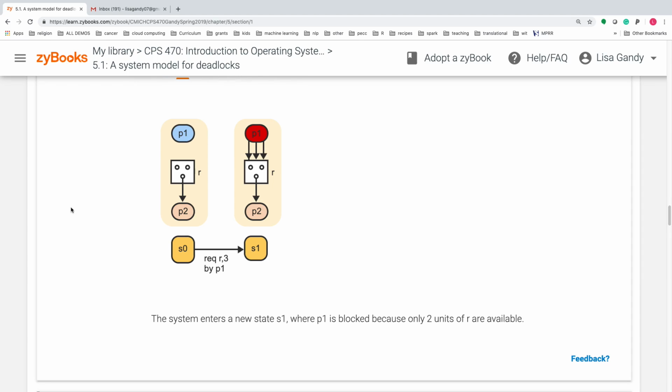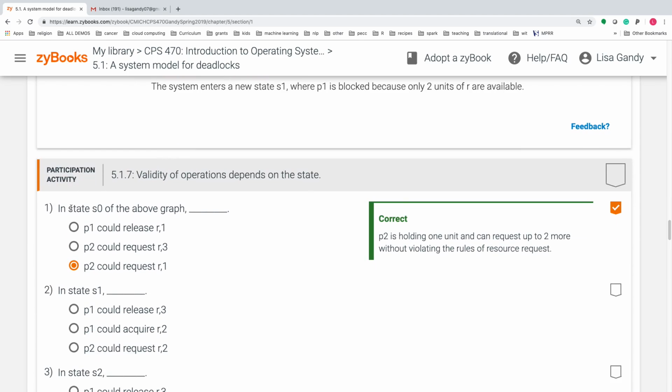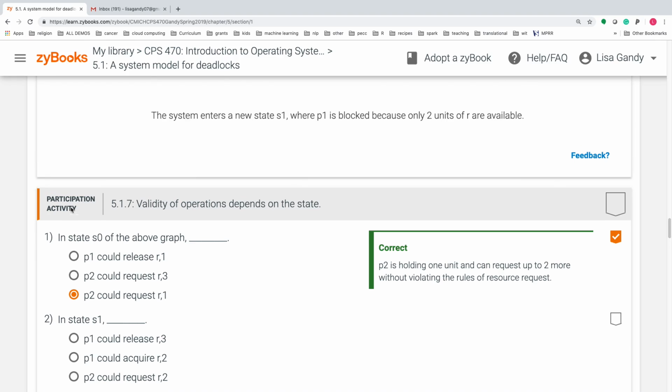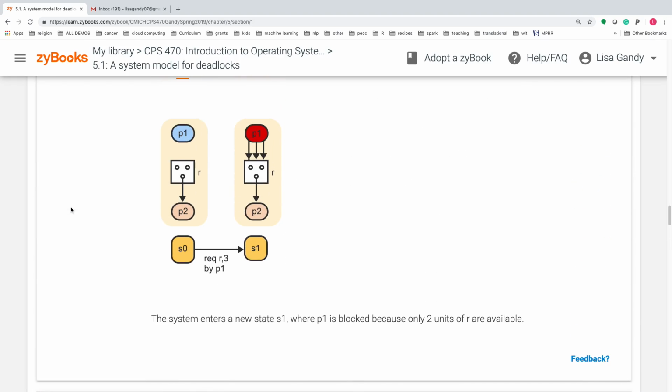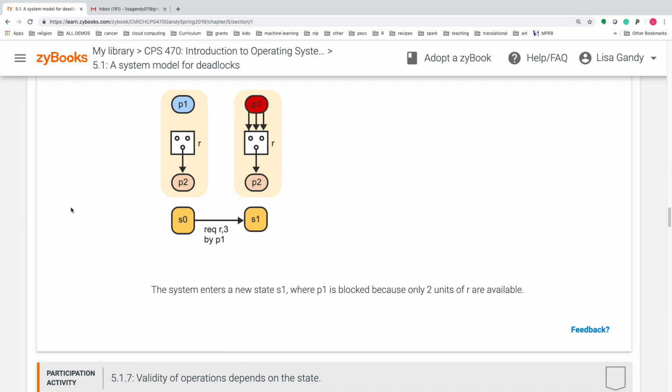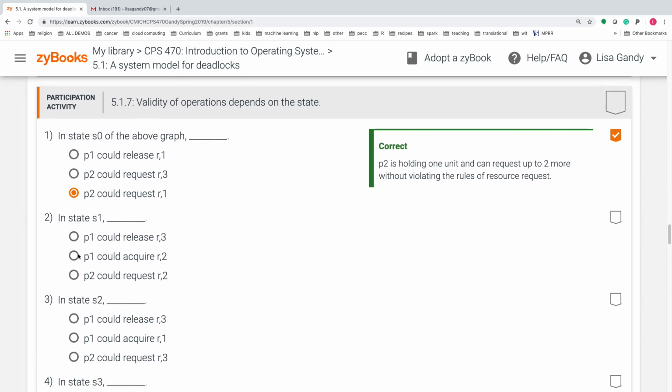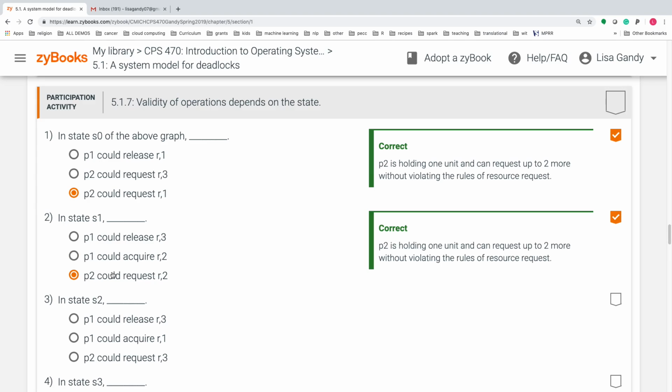It could because there's 2. So I guess that's the one. P2 could request. It would be this one. Oh, wait. Why is it saying this? Oh, because it has. It could later. Okay. P2 is holding a unit and can request up to 2 more.